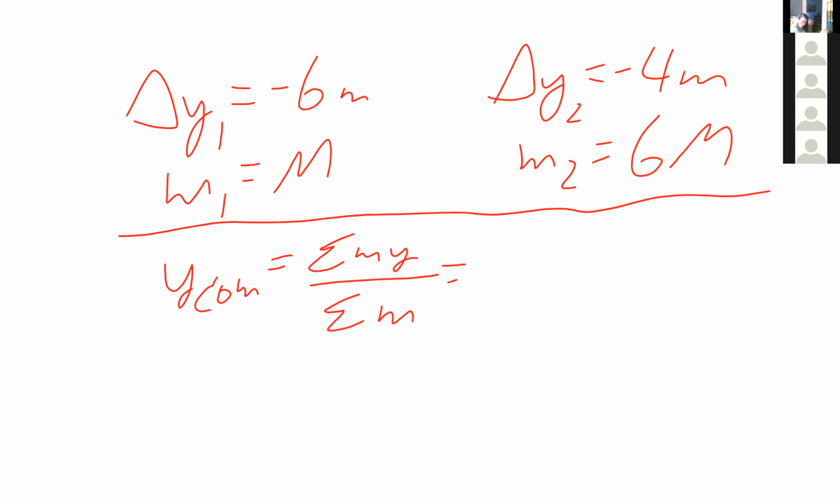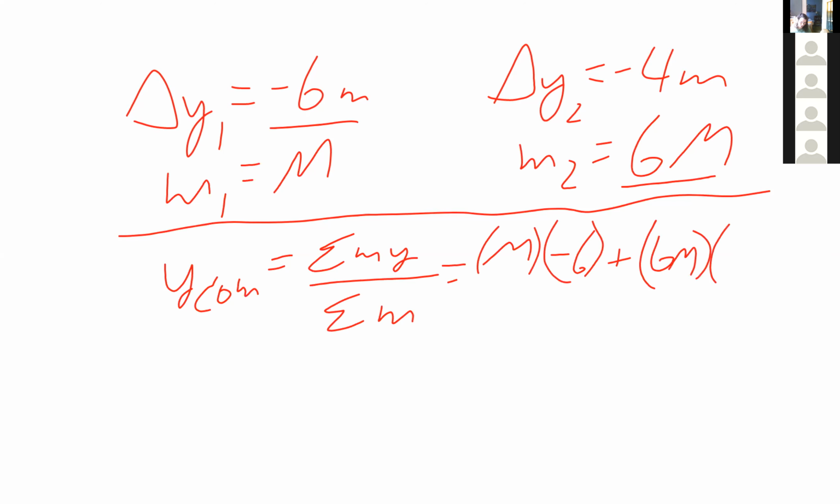So for my first particle, 1 has a mass big M, and the delta y that I solved for is -6. And that's meters. Meters is the units. Feel free to leave the units off. And then I need to add my second particle, which has a mass of 6 times big M, times that location, which is -4. Divide by the sum of the masses. Big M plus 6 times big M gives me 7 times big M.